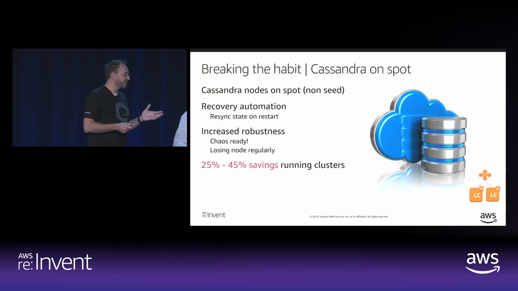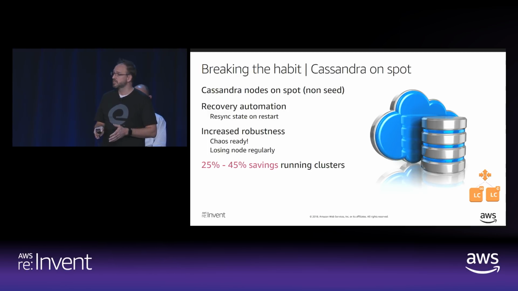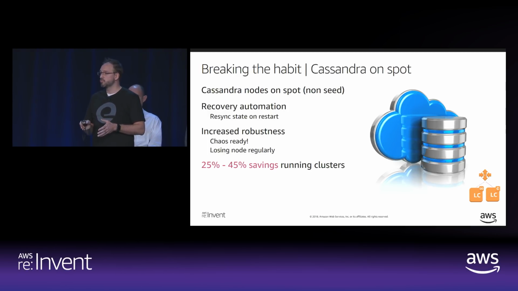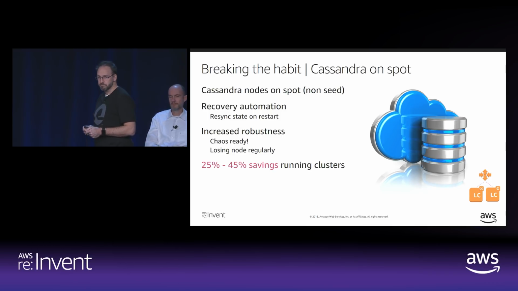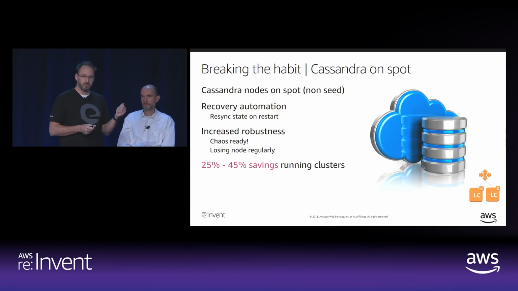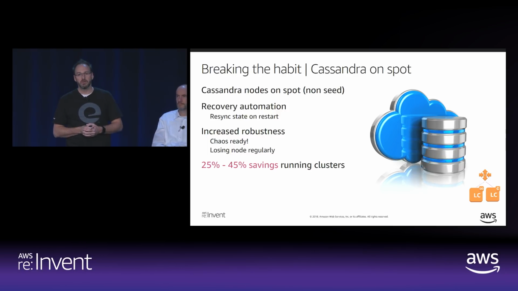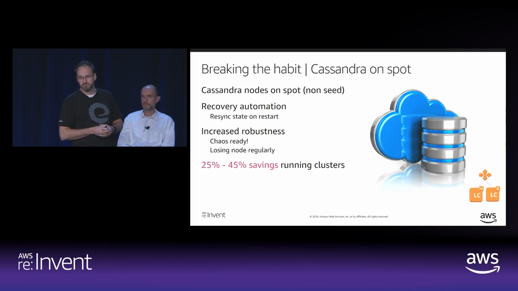The way we did it is that for each Cassandra node, we have an auto-scaling group backed with a pair of launch configurations that allow us to move back and forth between Spot and on-demand prices. When we lose an instance, whether it comes back on Spot or on-demand if we use our fallback, we have automation in place that detects the recovery mode, makes the node join back the cluster, and automatically resyncs all the data.